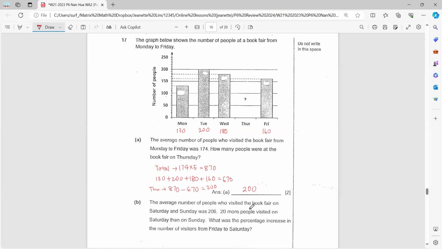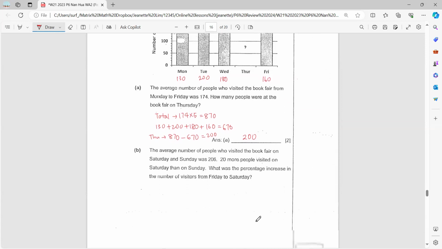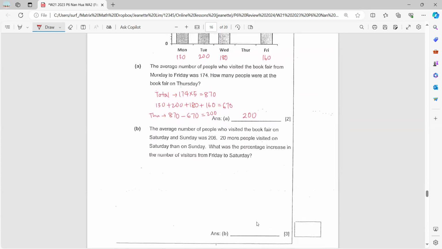B, the average number of people who visited the book fair on Saturday and Sunday was 206. 20 more people visited on Saturday than on Sunday. What was the percentage increase in the number of visitors from Friday to Saturday? Okay, so we have the average. Let's find the total.